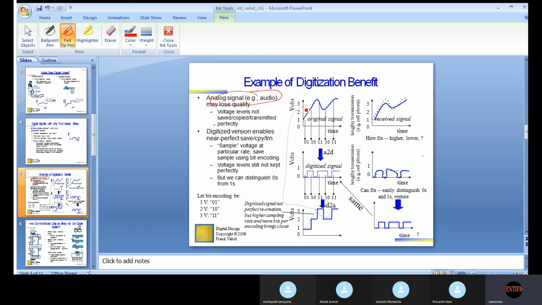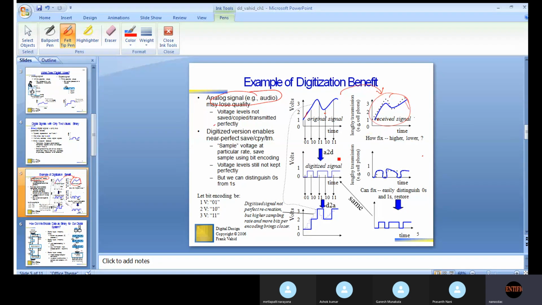Suppose this is the original signal we are seeing. Whenever we transmit this signal, it may lose its accuracy. This is the signal we transmitted, but in the received signal, see how much it is disturbed and deviating.